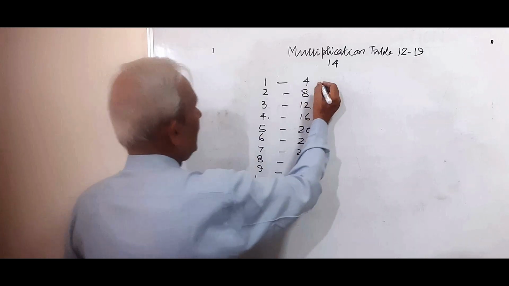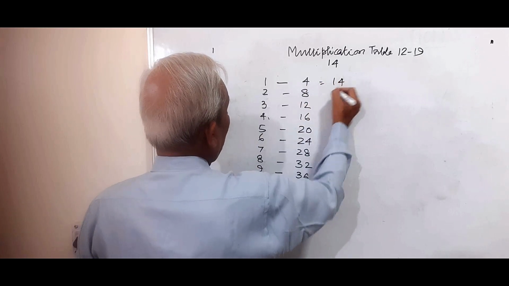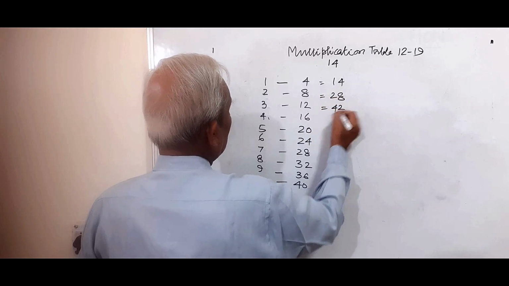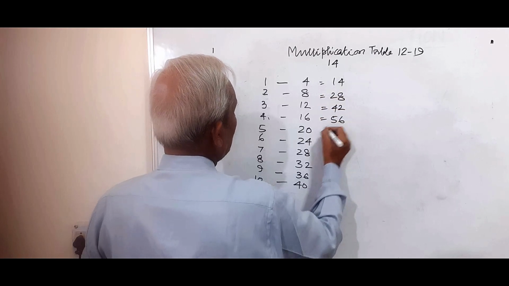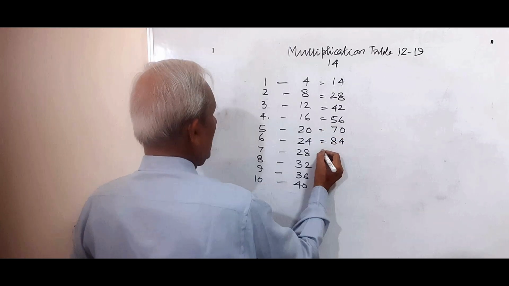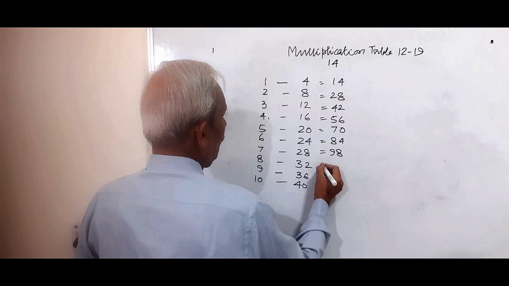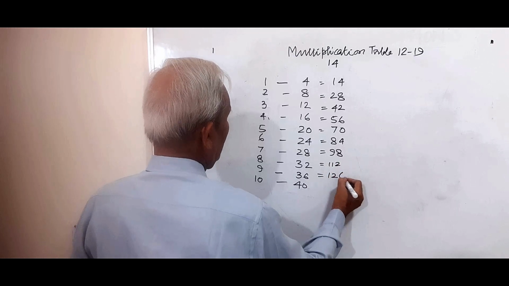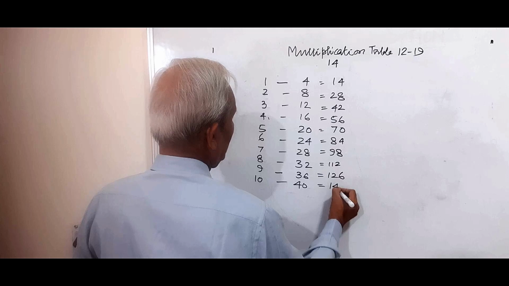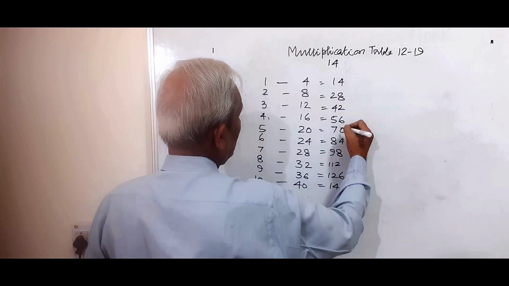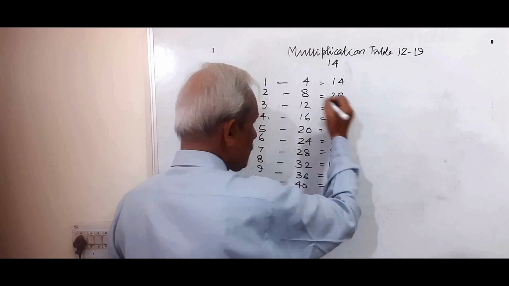If you put this in the tens place, it becomes 14, 28, 42, 56, 70, 84, 98, 112, 126, and 140. So we have seen that 14 ones are 14, 14 twos are 28, 3 14s are 42, 4 14s are 56, 14 tens are 140, and so on.